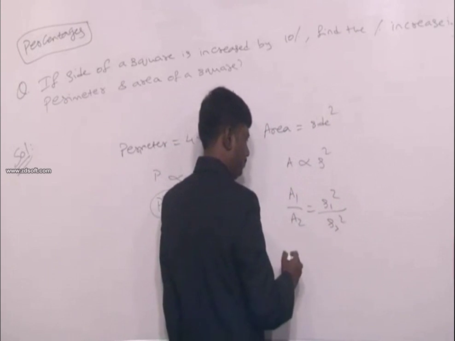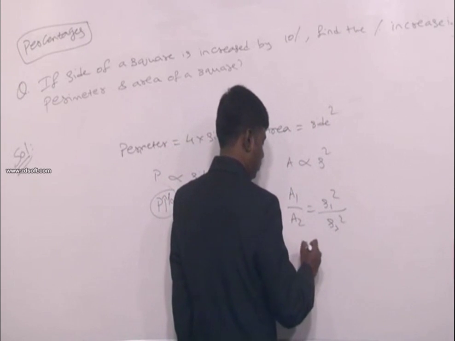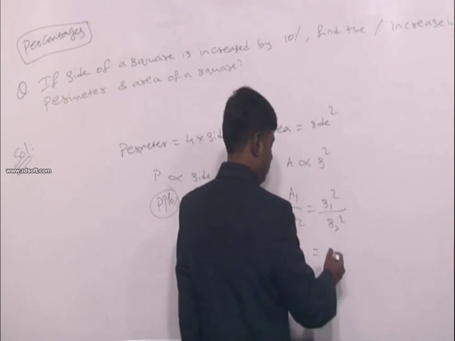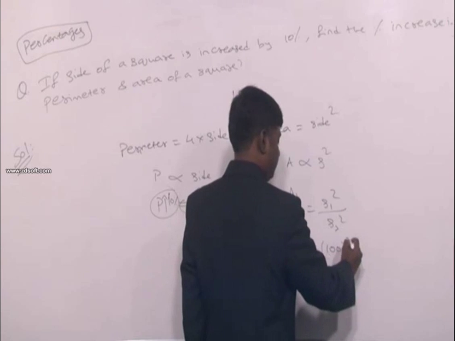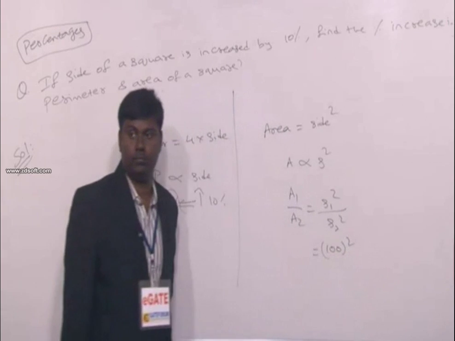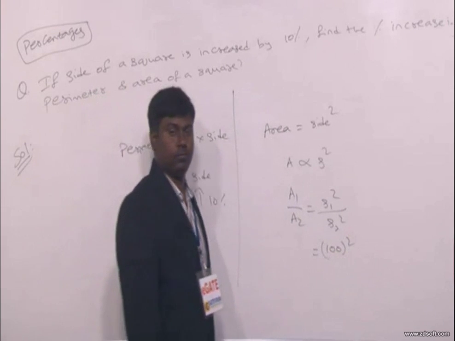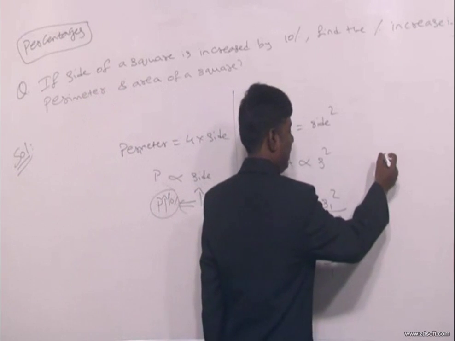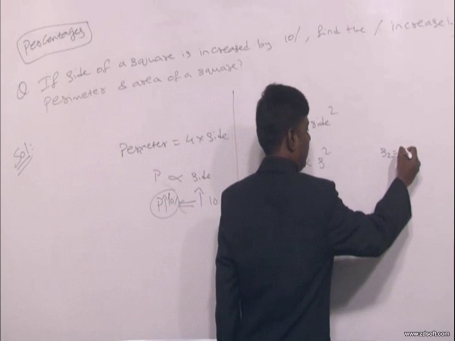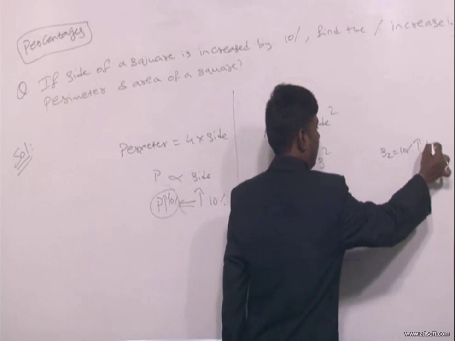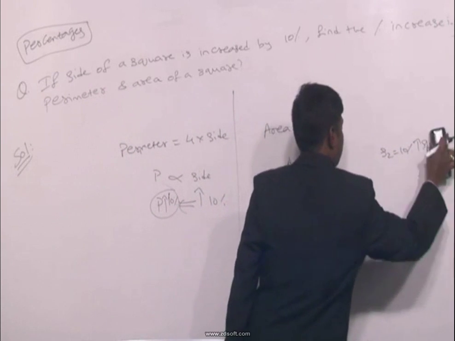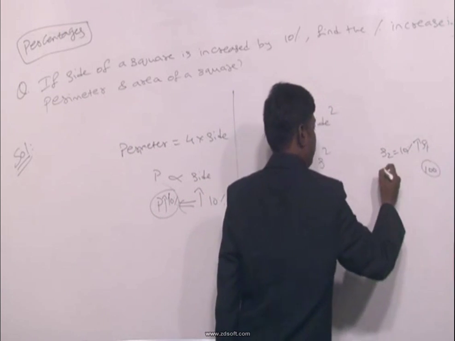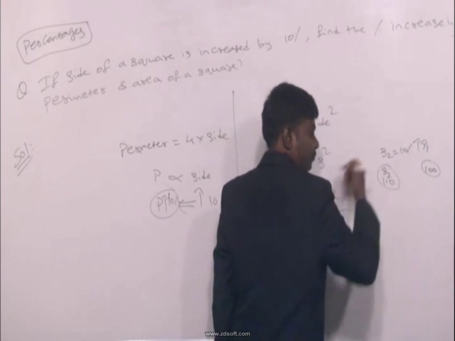So here S1 square, it is 100 square. S2 square, it is side is increasing by 10, right? So S2 is 10% more than 100, that is S1 if you consider. So if S1 is 100, S2 will be 110, right?